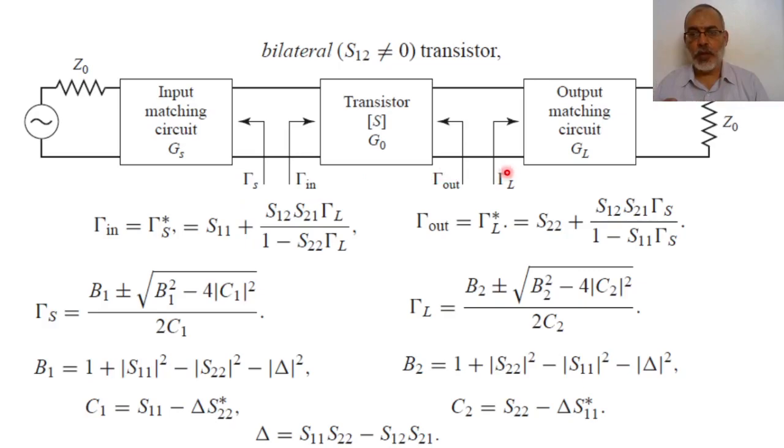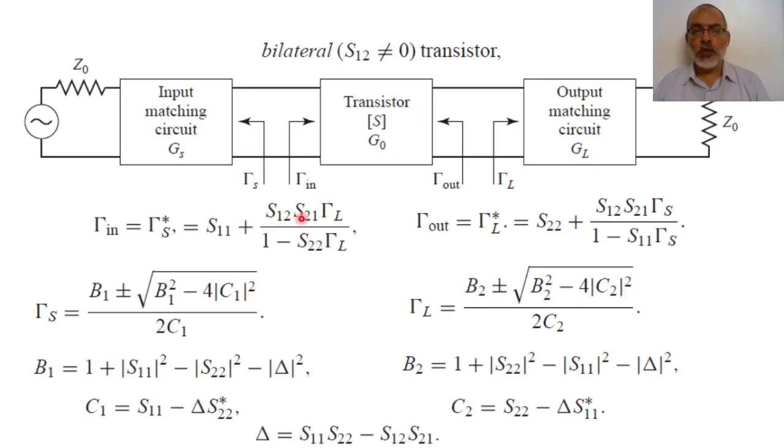What is the value of gamma load and gamma source which are required to introduce maximum gain? Okay? These are the two unknowns, gamma source and gamma load. And the scattering parameters of the transistor represent constants in this case. So we can rearrange these two equations and solve them to find out the value of gamma load in terms of the S parameters of the transistor only and gamma source in terms of the S parameters of the transistor only.